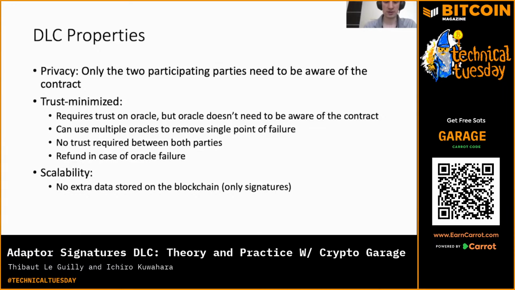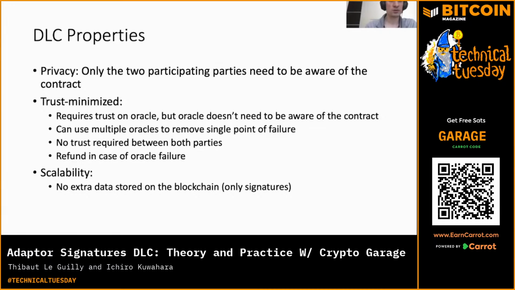And of course, the fact that there is no extra information on chain is also good for scalability, since again, the only thing that appears on chain is actually Bitcoin transactions, and of course the signatures that are required to unlock the outputs.